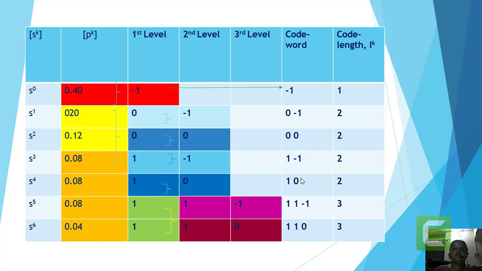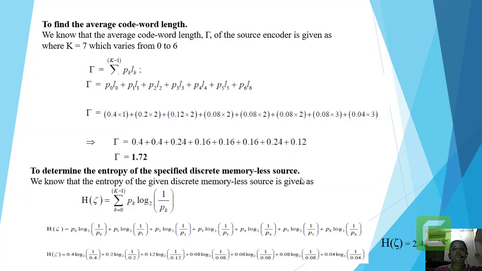Now let's go for finding out the average code word length. As in this given problem, the k value is equal to 7, which is going to vary from 0 to 6. And that's why here with the equation where summation limits will change from 0 to k minus 1, for this problem k is 7, so limit will change from 0 to 6.